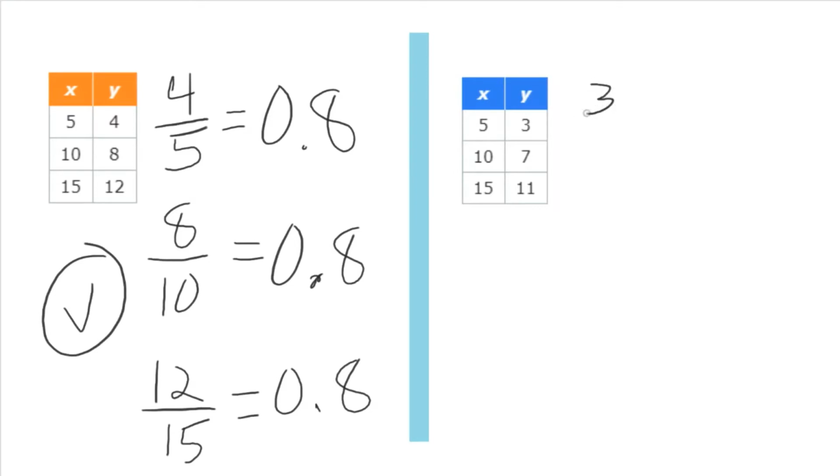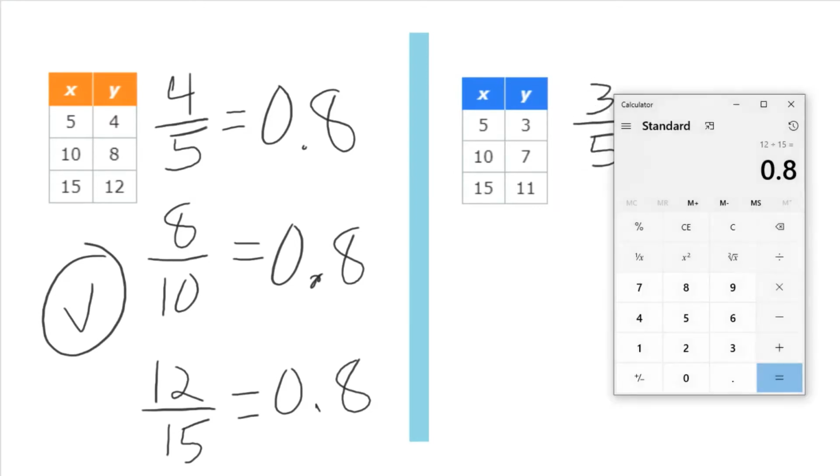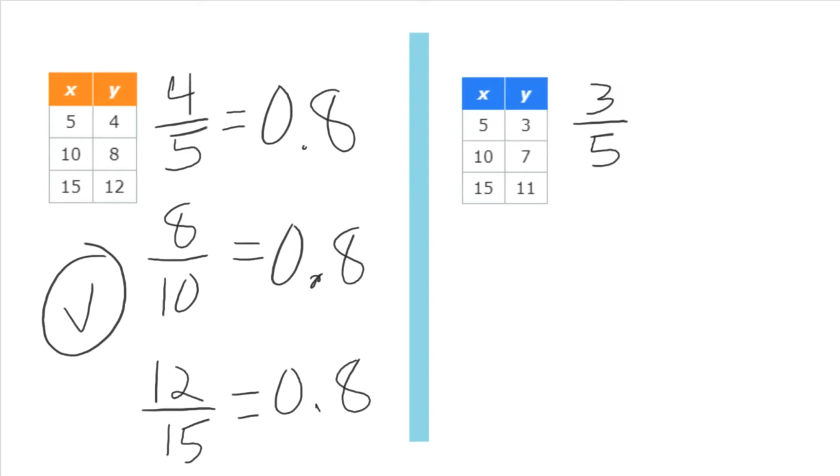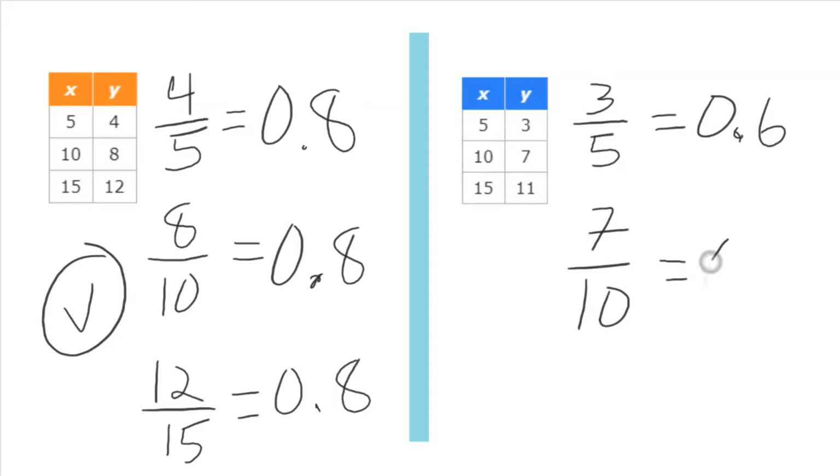We would have 3/5 as the first to turn into a decimal. 3 divided by 5, we're looking at 0.6. Sorry, I'm trying to make a decimal there for you. The next one would be 7 divided by 10. Now, I have a feeling that that's going to come out to be 0.7 since it reads as 7/10.